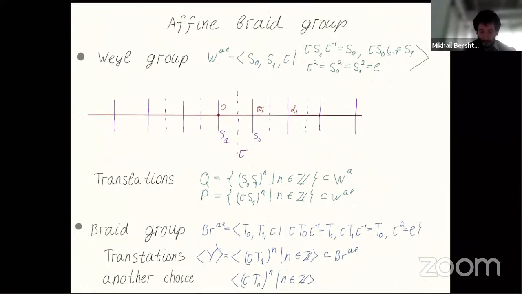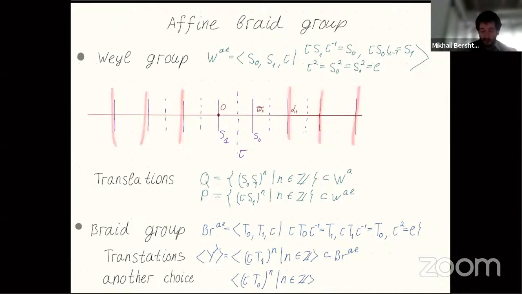So the affine extended Weyl group is generated by simple reflections S0, S1, which correspond to roots, and also an automorphism tau. Here is a picture. S1 and S0 are reflections with respect to these points, this affine group, in its affine representation. And we have other roots and reflections with respect to them.